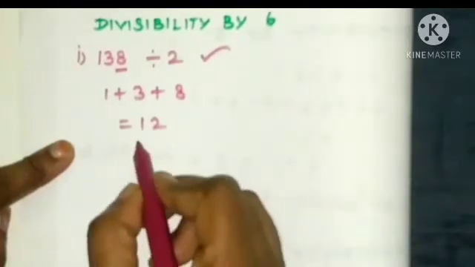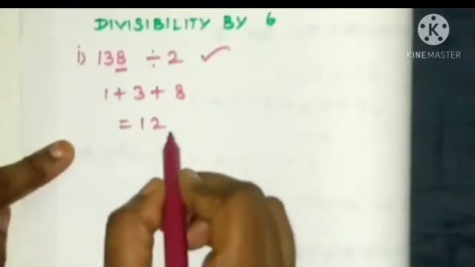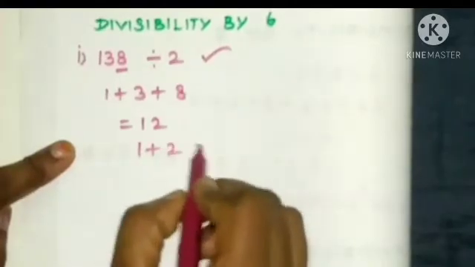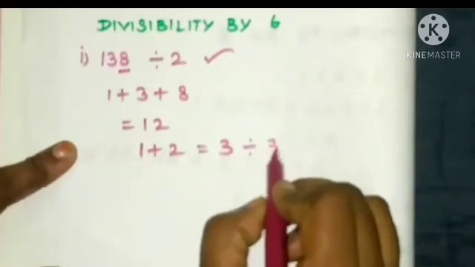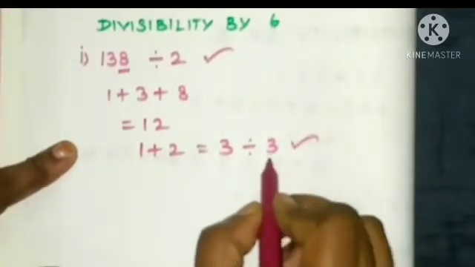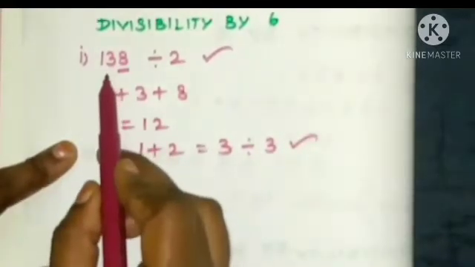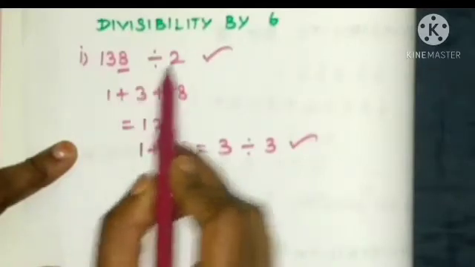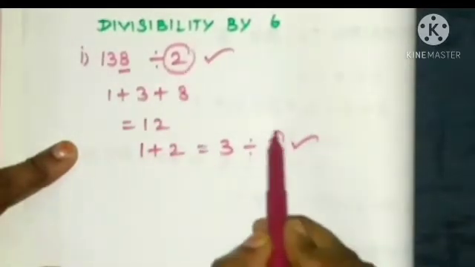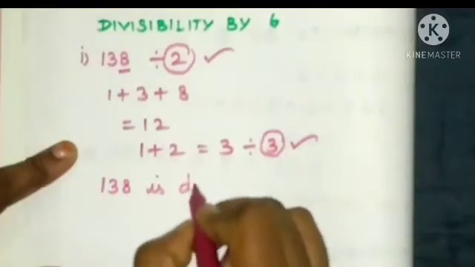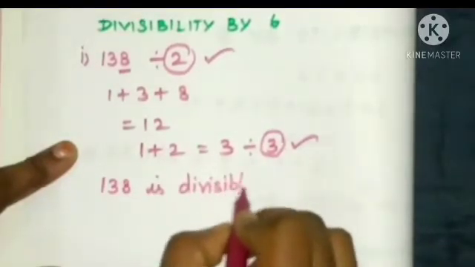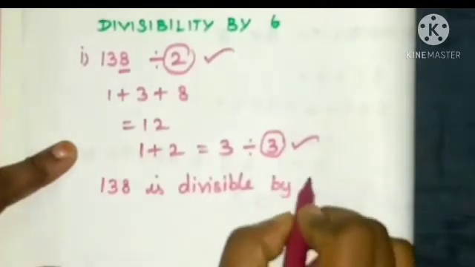And then you have to find the sum of the digits for 12. 1 plus 2 is equal to 3. 3 is divisible by 3. So the number 138 is divisible by both 2 and 3. So the number 138 is divisible by 6.